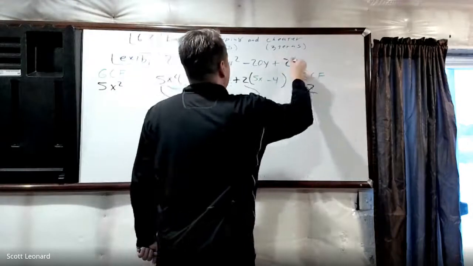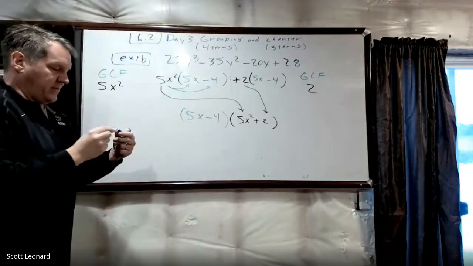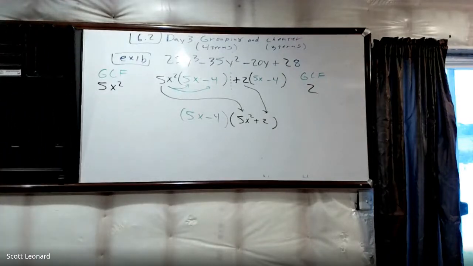Now this one's going to be a touch different because of the negative sign here. You'll have to work your way through that. Hopefully you can figure that out. You guys try this one.